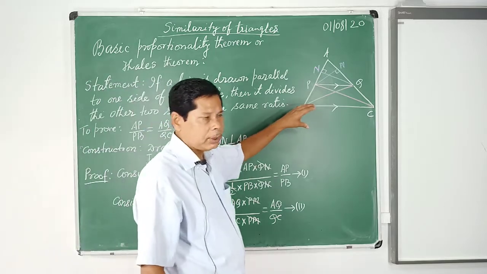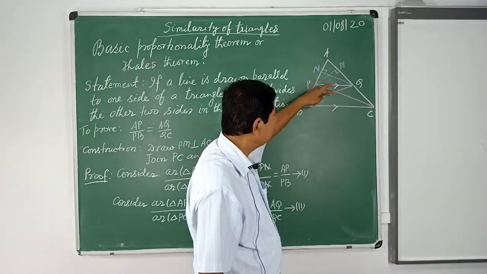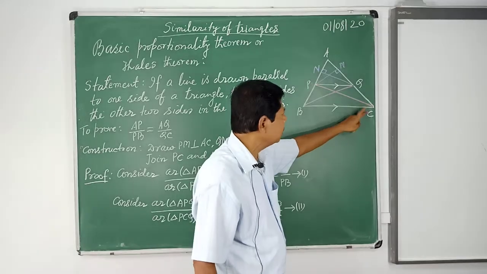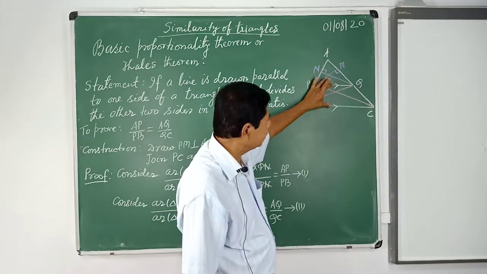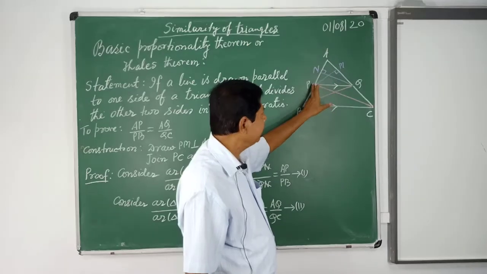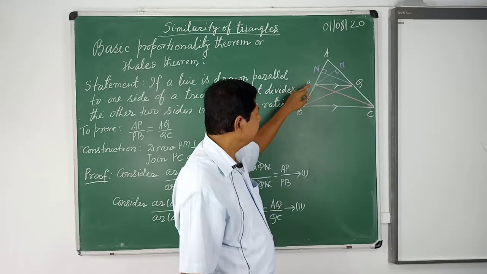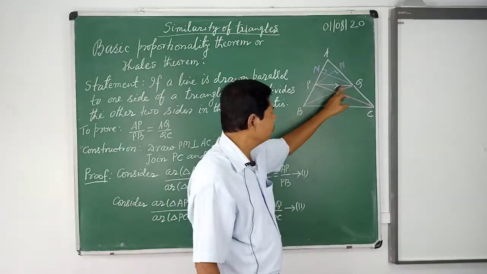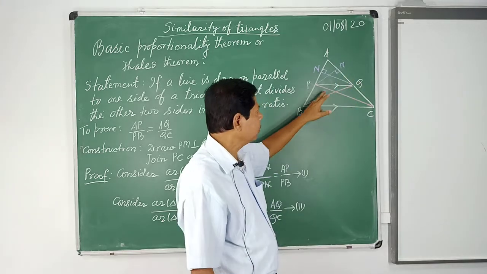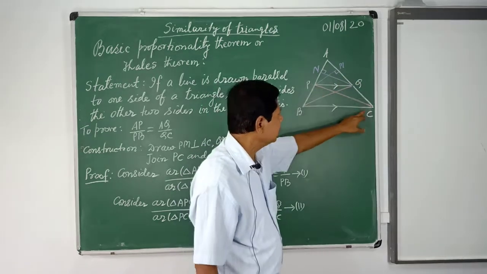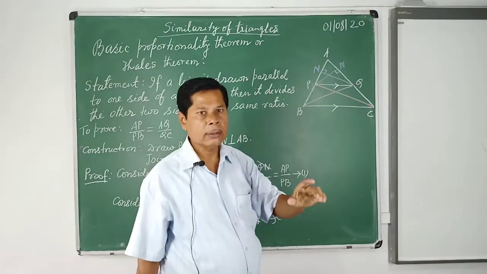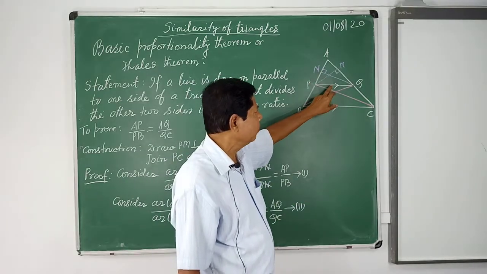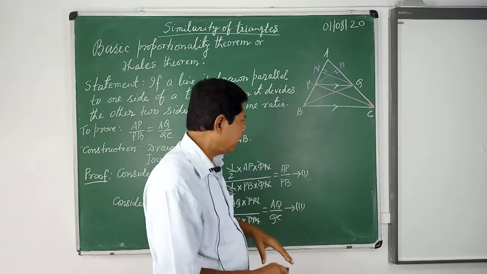So here see, PBQ and PCQ, these two are the triangles lying between the two parallel lines and having the same base PQ. PQ is the base if you consider it for PBQ, and for PCQ, PQ is the base. So these two triangles between the same parallels with the same base are equal in area.